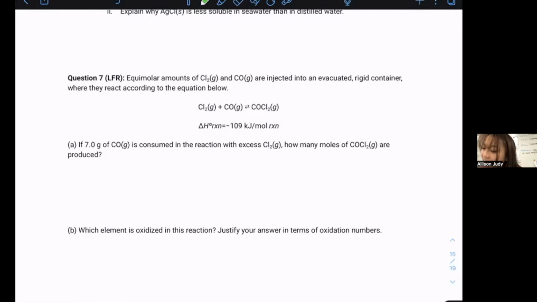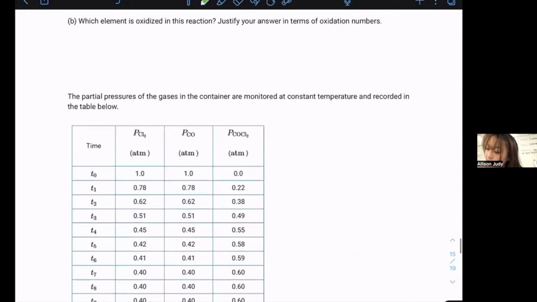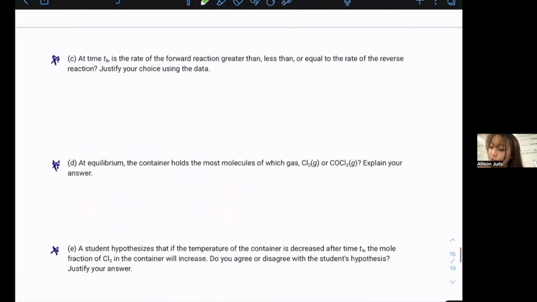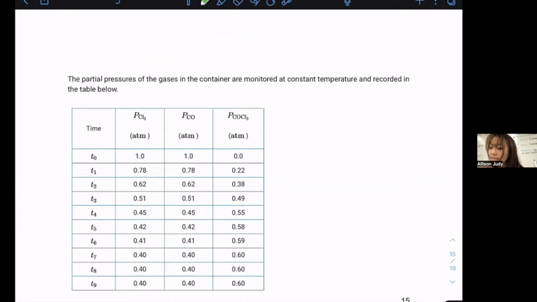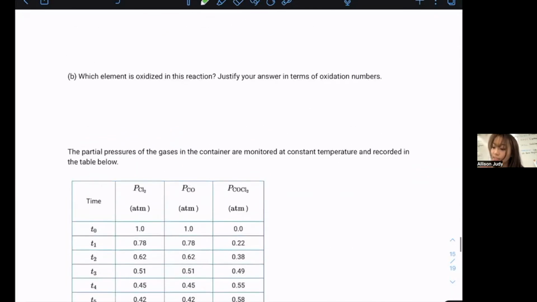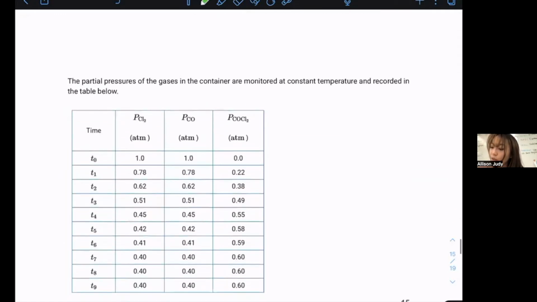So yay. We're given this next set of data underneath this question that applies to the following questions we will be answering. The partial pressures of the gases in the container, because they are all gases, so we have 3 types of gases, are monitored at constant temperature and recorded in the table below.